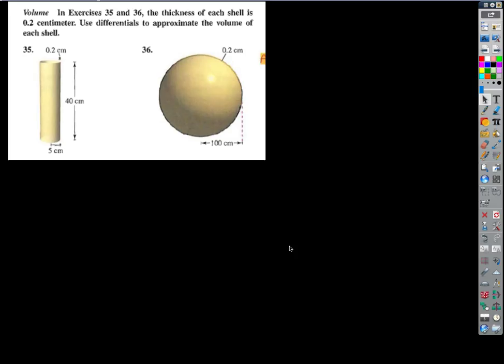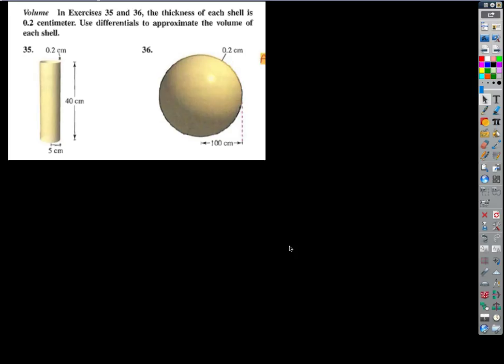You're calculating a volume, right? You know what the formula for volume is. By calculating dV in this case, aren't you just calculating an incremental little extra bit of shell on top of the original volume?